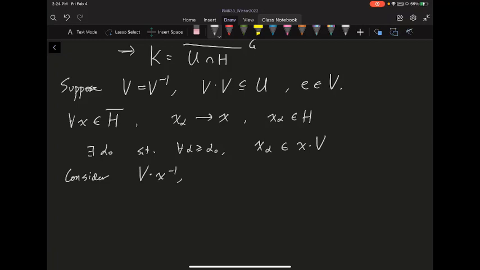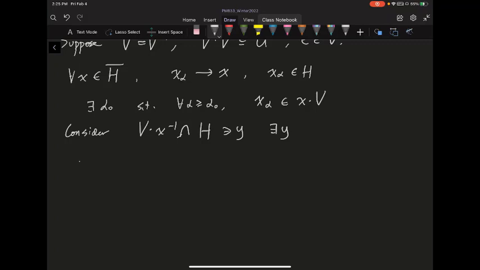Because x is inside the H closure and H is a group, x inverse is inside the H closure as well. So this neighborhood of x inverse has to intersect H somewhere. So there exists a y in this intersection.